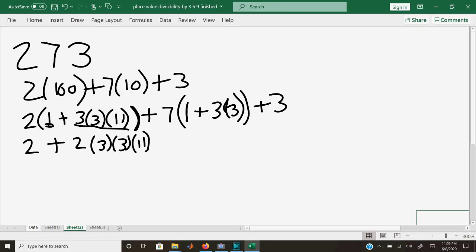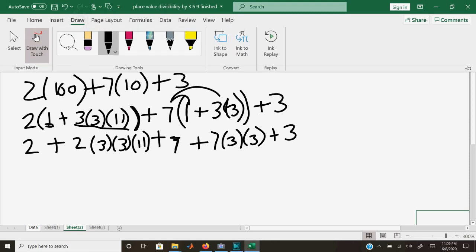I just have to multiply both the things that are added. Now I'll do 7 times 1 plus 7 times 3 times 3, plus my original 3.